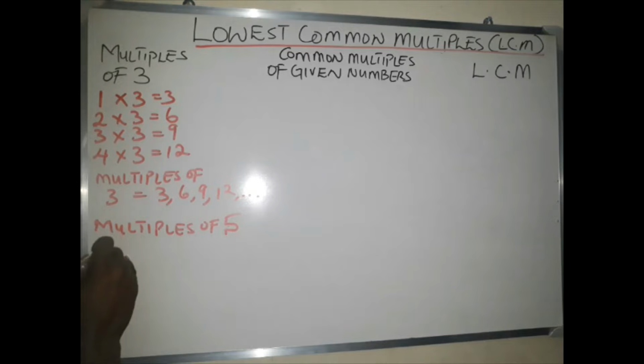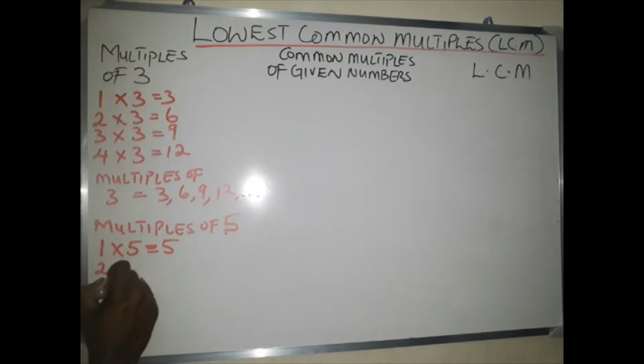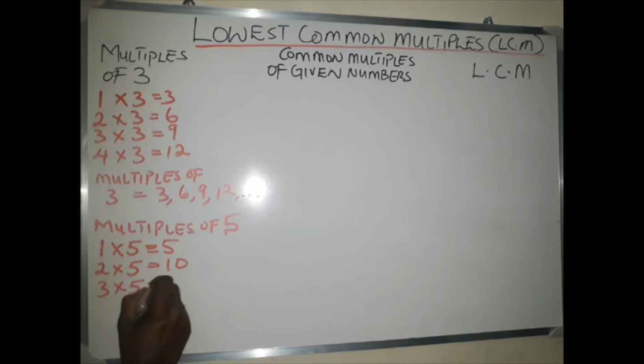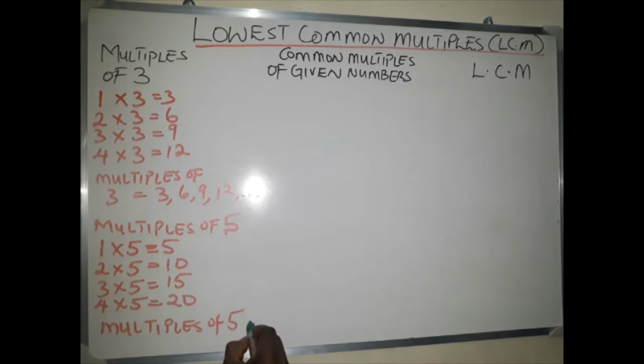We'll start by saying 1 times 5 equals 5. 2 times 5 equals 10. 3 times 5 equals 15. 4 times 5 equals 20. You can keep on going, but like I said, because of time and space, we'll say the multiples of 5 are 5, 10, 15, 20, and so on.